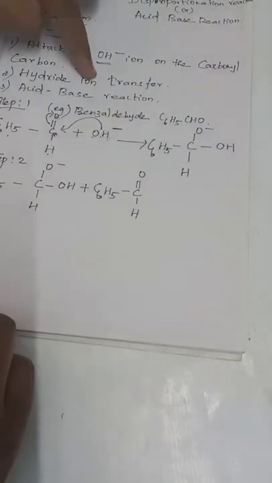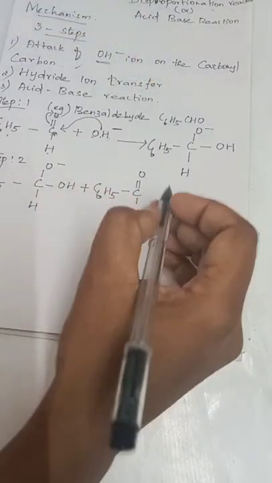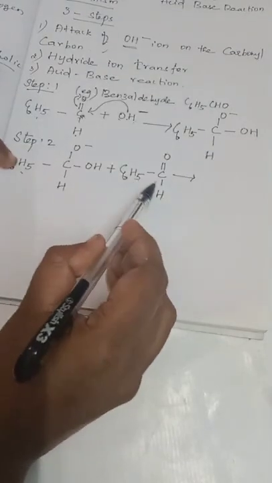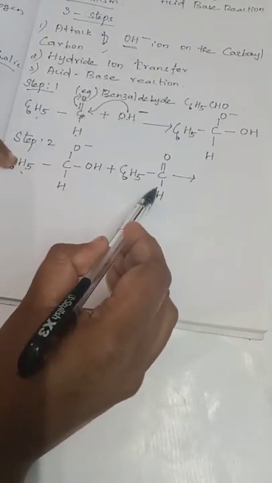So now these two react. What is step 2? Transfer of hydride ion. Now listen carefully. This is the product from step 1, and it reacts with another molecule of benzaldehyde.